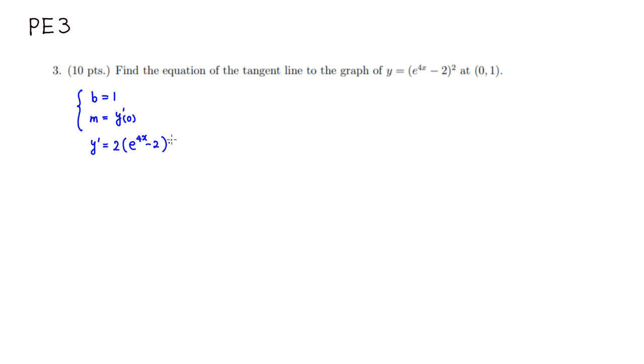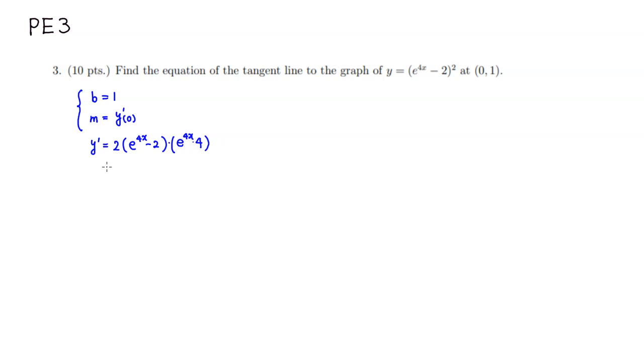Then you have to do a chain rule, multiply by the derivative of the inside function. The derivative of e to the 4x is e to the 4x, then multiply by the derivative of the power, which is going to be 4. And the derivative of negative 2 is 0. So this is it.